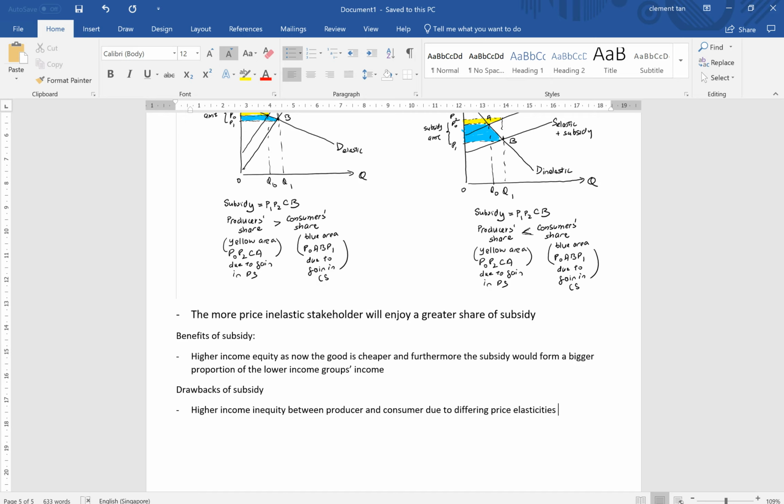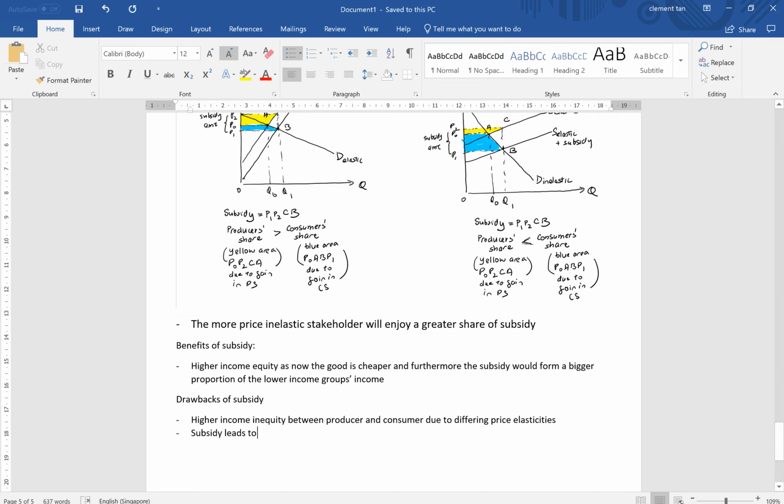Other than that, subsidy leads to inefficiency. Inefficiency equivalent to the area ABC, due to a wastage of resources.